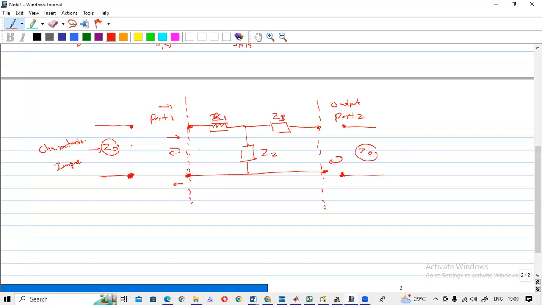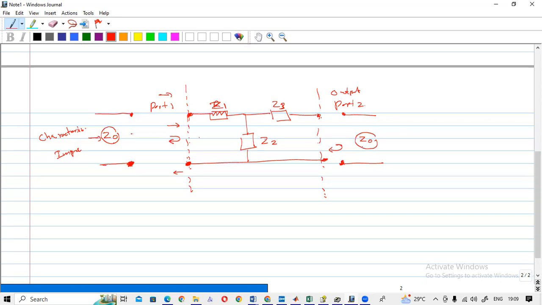Now let's mark some voltages. Let's say the input voltage here is V1 plus, and the reflected voltage here is V1 minus. And here also the input voltage is V2 plus, and the reflected voltage is V2 minus.